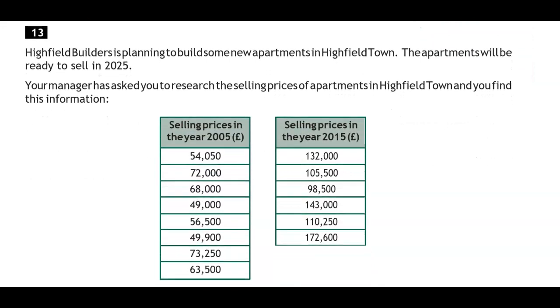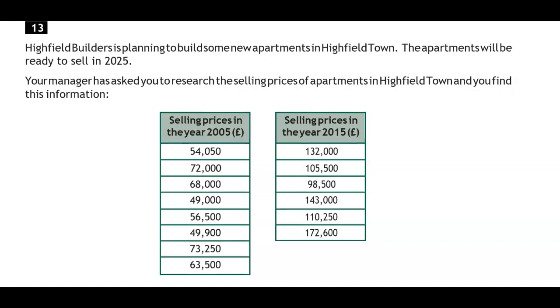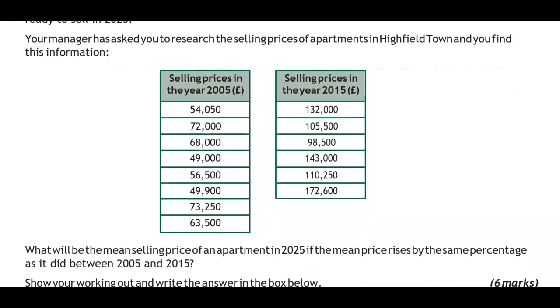Highfield Builders is planning to build some new apartments in Highfield town. The apartments will be ready to sell in 2025. Your manager has asked you to research the selling prices of apartments in Highfield town, and you find this information. We've got the selling prices in the year 2005 and then in 2015.